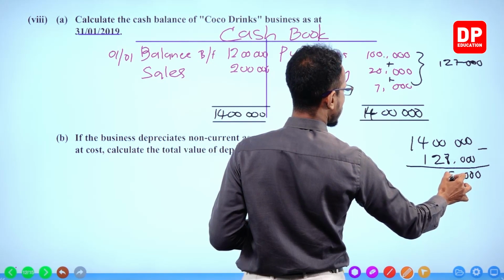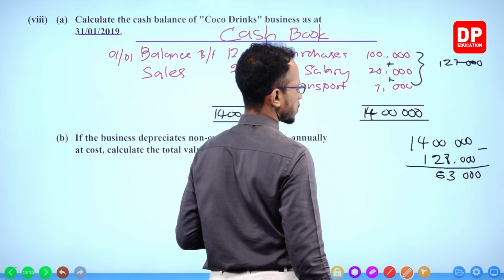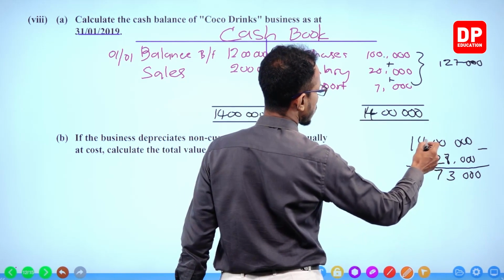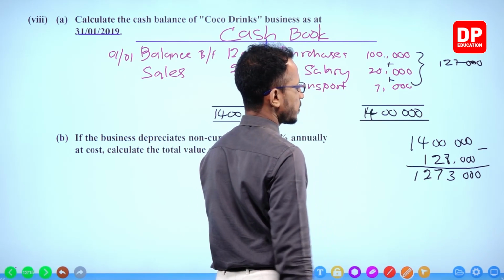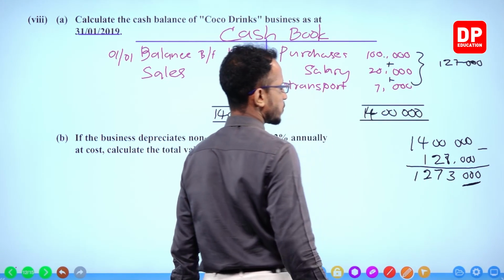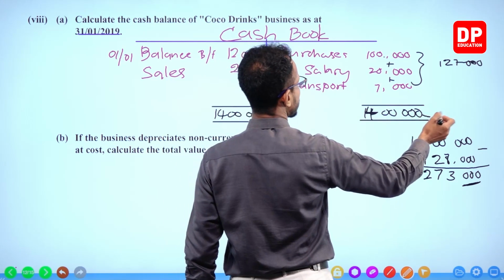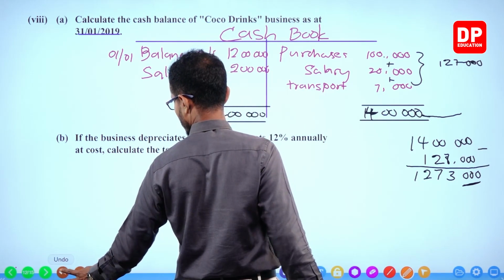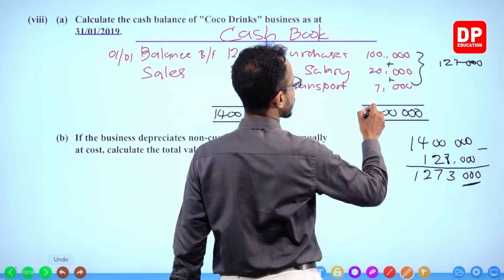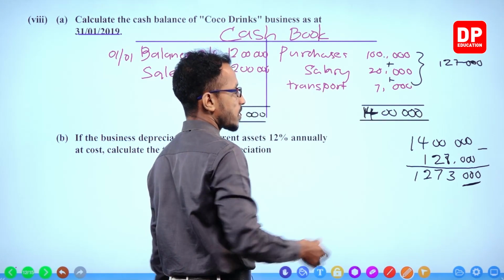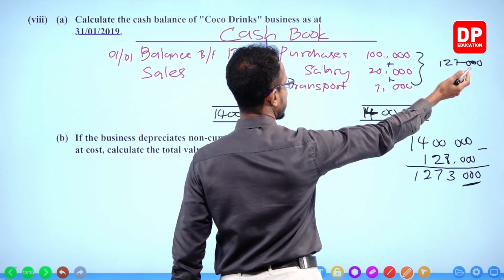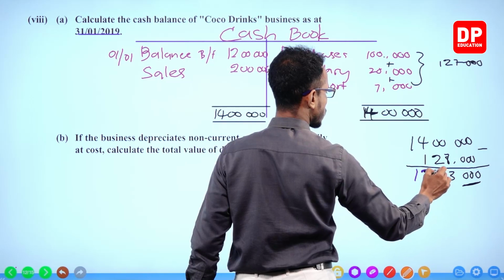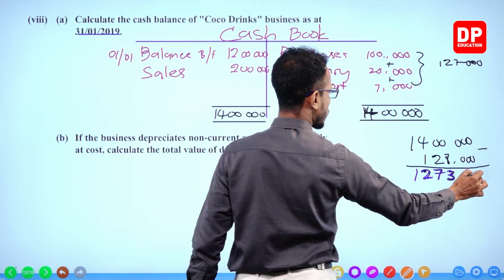This is the answer when you subtract this from this: 12,73,000. That means the debit total of 14 lakhs, from that you subtract the credit side addition, and after subtracting you get 12,73,000.